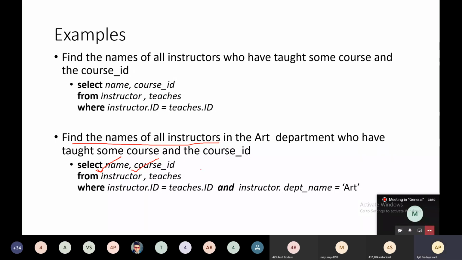And in the from clause you need to mention instructor and teachers.